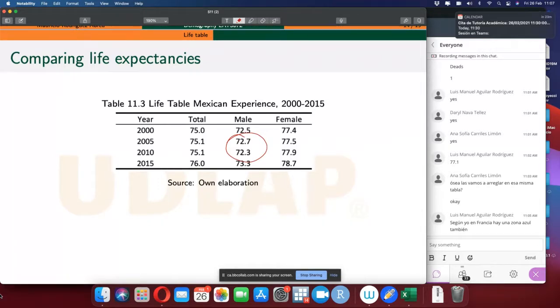The reason for that was the period when, in 2006, Calderón won, and that was when he declared the war against narcotráfico and the drug cartels. And lots of men died in those years. So we can see the impact of those things. It doesn't look that significant with 0.4 years, but it is something significant.